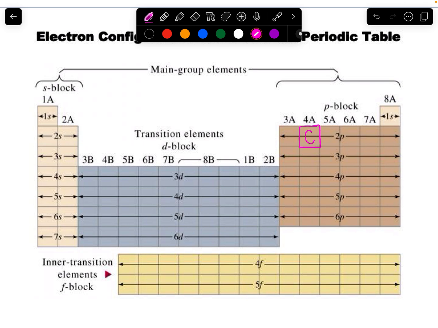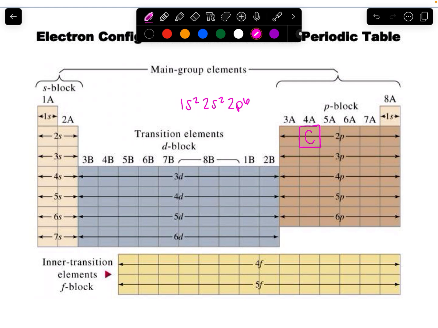What we just wrote was its electron configuration. The electron configuration was 1s2, 2s2, 2p6. Here's what's really cool. This is showing you not only where the electrons reside within the atom, it also shows you where the element exists on the periodic table.